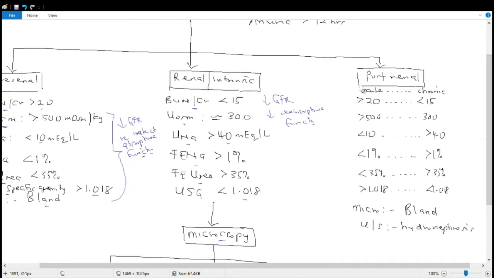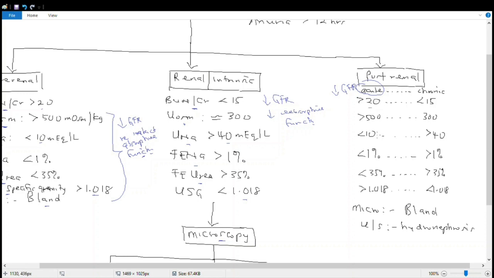Postrenal: acutely, or initially, somebody with postrenal AKI, the labs look like prerenal, because initially the GFR is going to be low because of increased hydrostatic pressure in the Bowman space, but the reabsorptive function is going to be intact acutely, right?